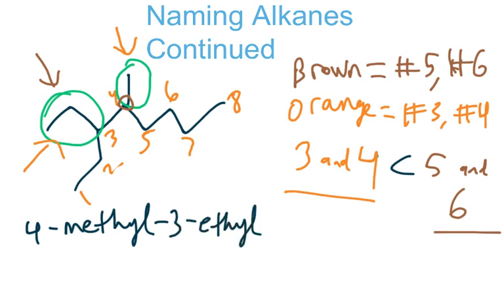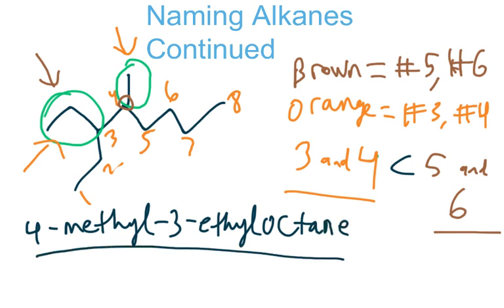And then what's our longest parent chain? It's an alkane, which is 8 carbons, which is octane. So ethyl octane. Alright, so that is our name of this molecule. Now I hope you guys noticed something wrong with this, because this is not in alphabetical order. This is not the correct way to write it. So if you guys know, E comes before M in the alphabet.